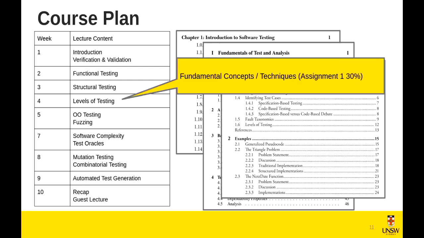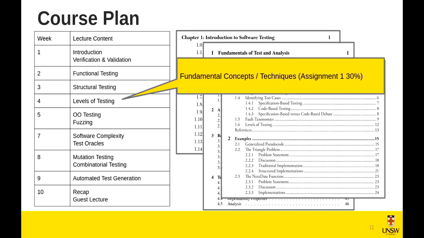And as for the rationale of selecting the content, this is why I selected it for this course. For the first part, until week 4, you will be learning some fundamental concepts and techniques, such as black box testing, which is also called functional testing, or white box testing, which is also called structural testing.